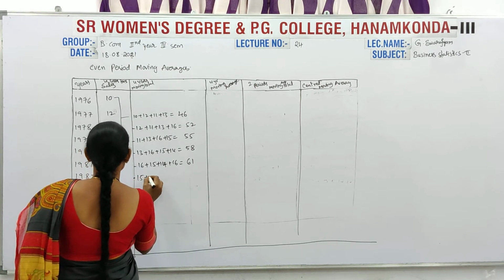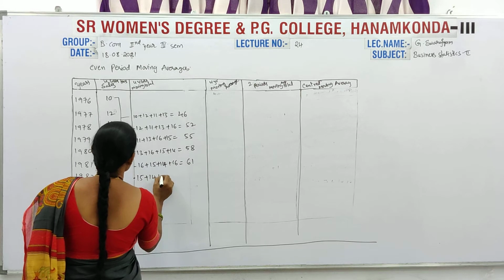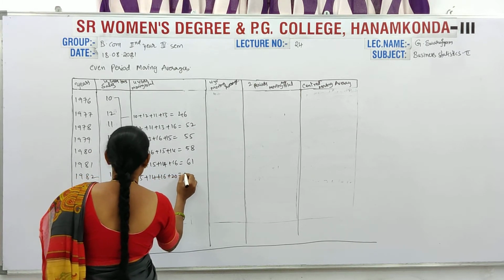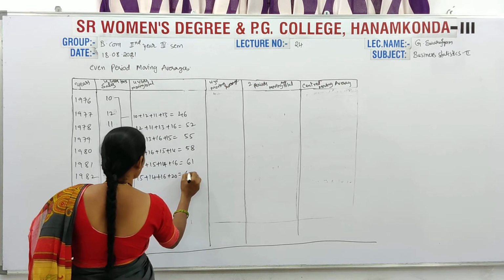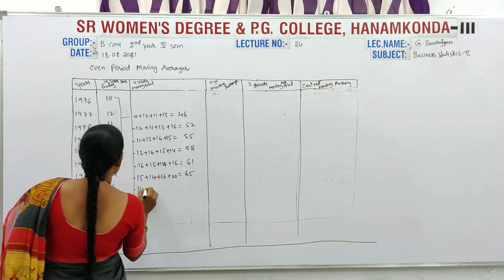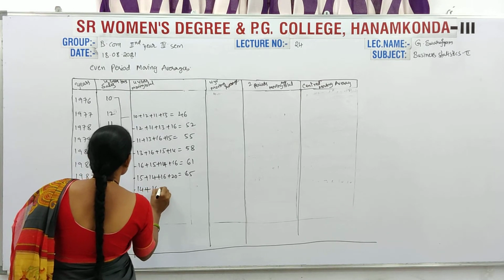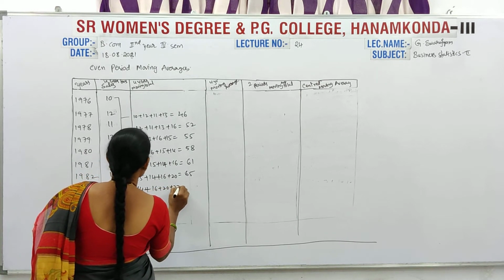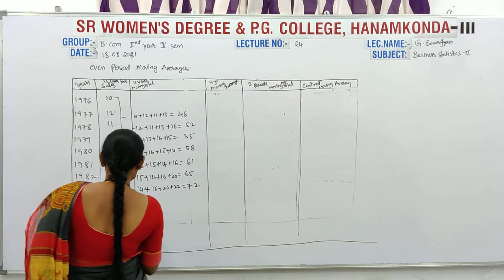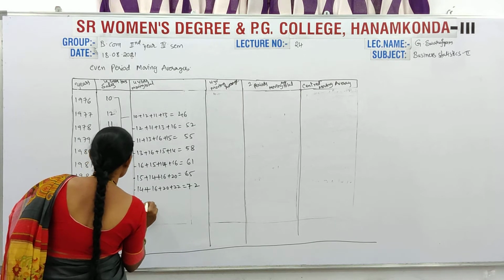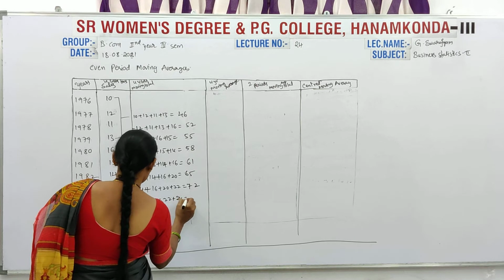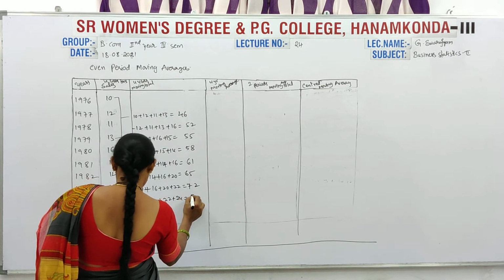The next, 15 plus 14 plus 16 plus 20 is 65. Next point, 14 plus 16 plus 20 plus 22 is 72. 16 plus 20 plus 22 plus 24, so here 82.